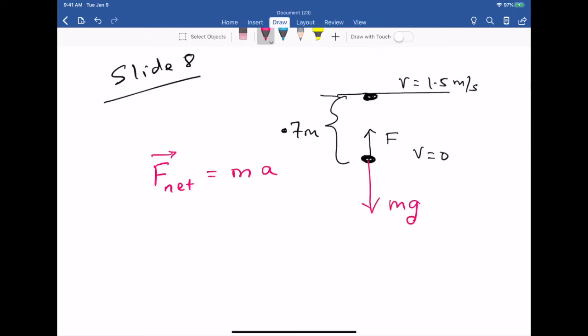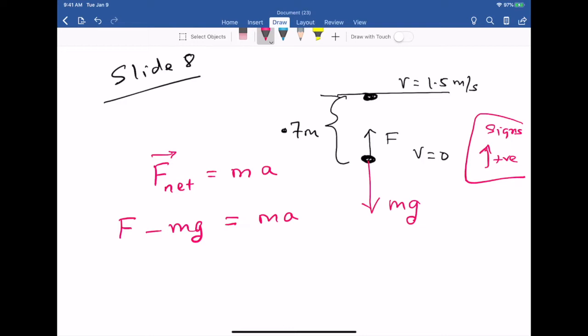We can choose the sign convention that upward is positive. The plus just means positive. So I'm going to give the F a positive sign, mg a negative sign. On the left side I have F minus mg, and on the right side I have mass times acceleration. So now I just need to know what the acceleration is, and then I can solve for F.